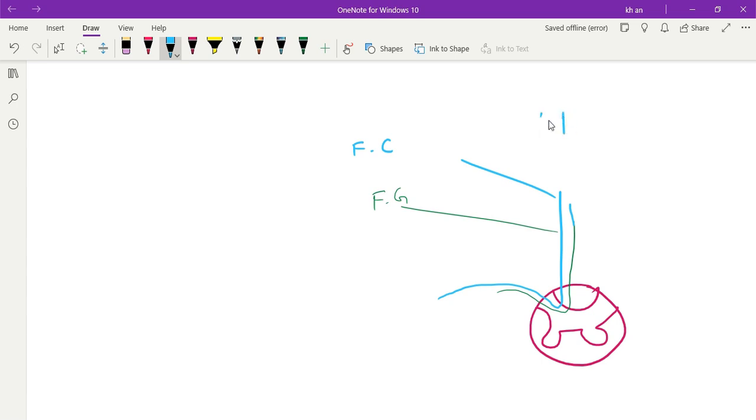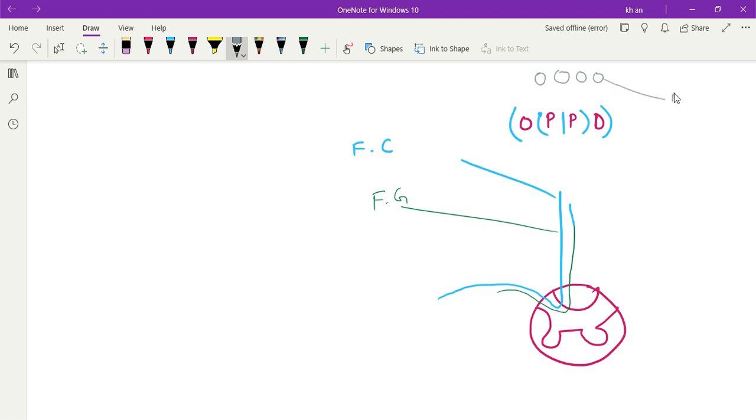So this will be the medulla. In the medulla, this is the pyramid, this will also be the pyramid, this is the olive, this is the olive. Above these structures there will be four nuclei, one, two, three, four.